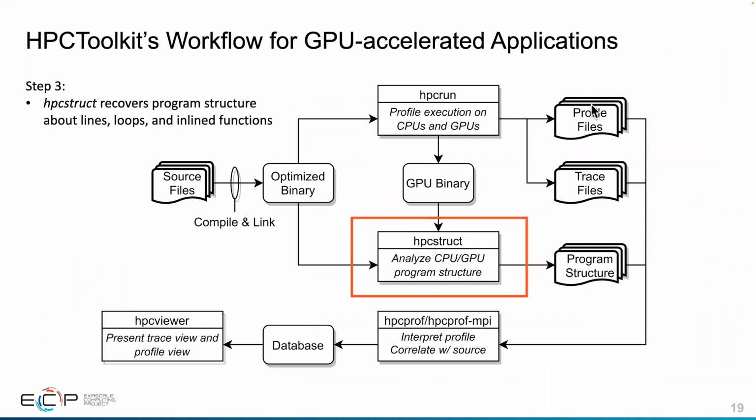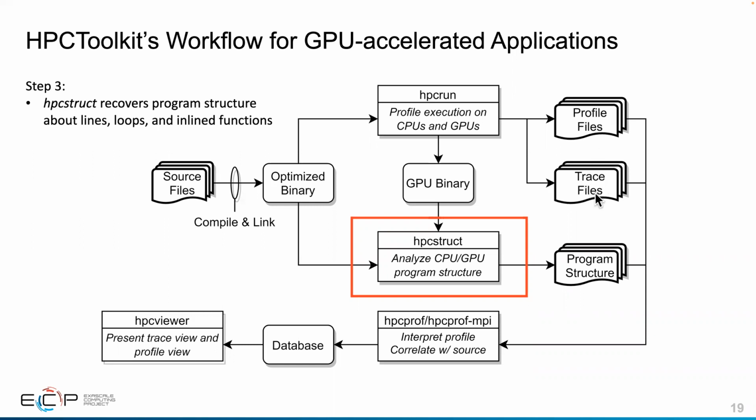HPCRun is recording our profile files and our trace files. The profiles are calling context trees, basically a tree of machine code addresses with weights on them that represent costs incurred, and the paths through the tree of machine code addresses represent calling contexts in the program.